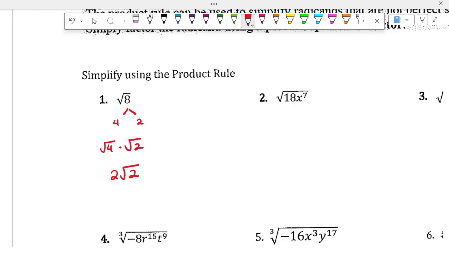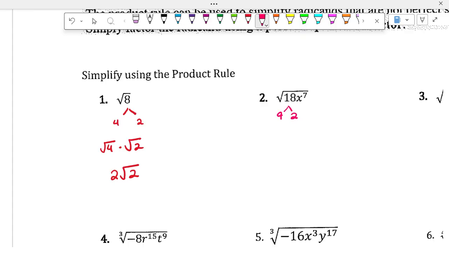All right. 18. What's my largest perfect square that can go into 18? 9. 9 times what's 18? 2. Now, it's a square root, so we're looking for groups of what? 2.